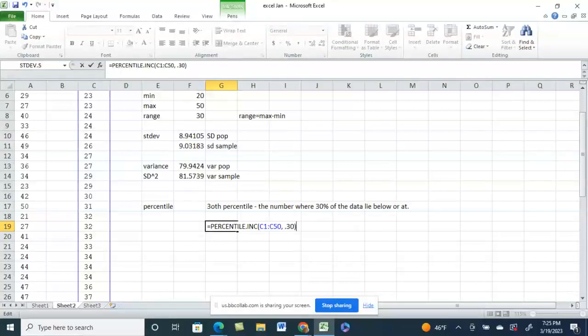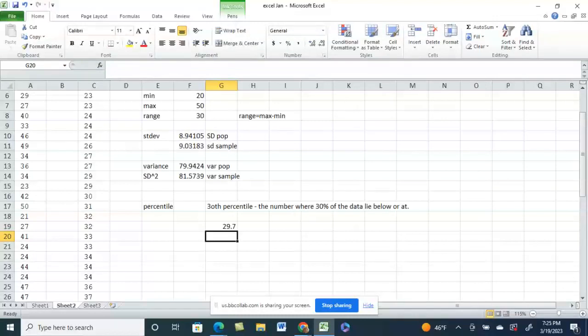And in this example, I just picked 30. So we're going to do the 30th percentile. It's 29.7. So let's take a look at our data. 29.7 is about right here. So what it's saying is 30% of the data is below 29.7 or at 29.7, or equal to 29.7.